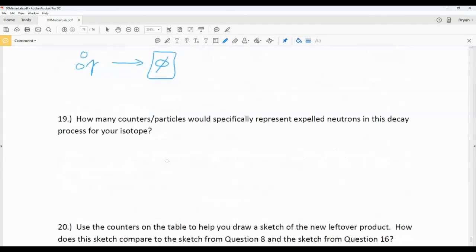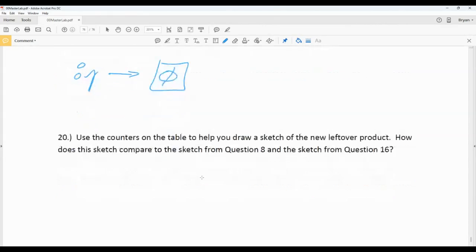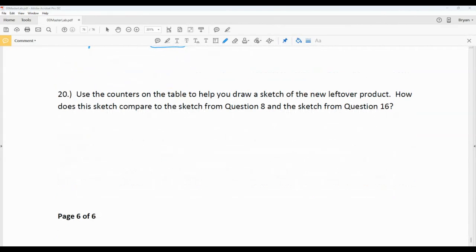So one more time, how many nucleons or particles would be expelled? Well, none, because again, gamma is just gamma rays, and even the zeros are not usually on there, but I'm just doing that as a reference. It means that nothing is leaving except pure energy. And if we try to write that out as an equation, again, this is very, very strange.